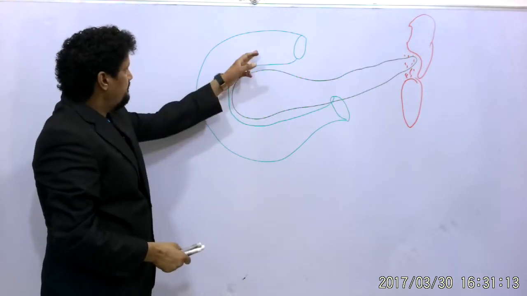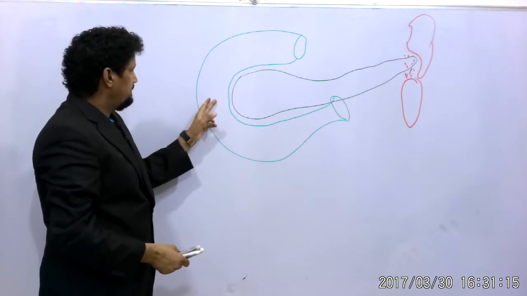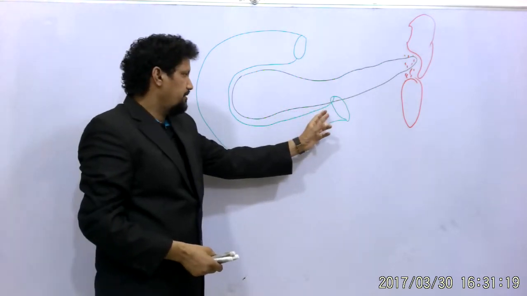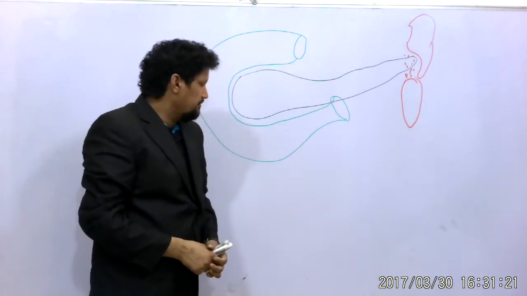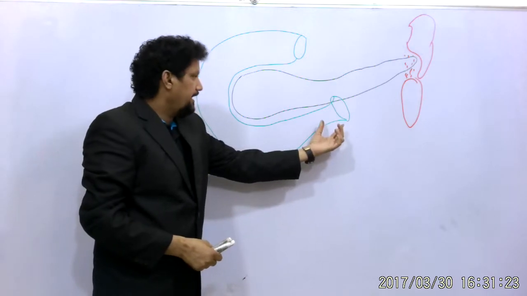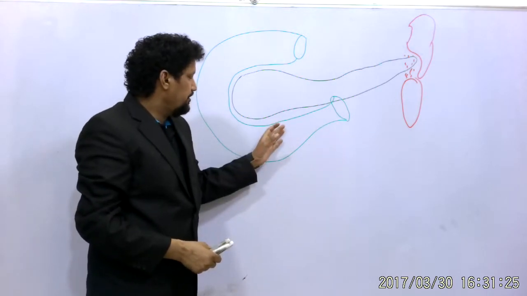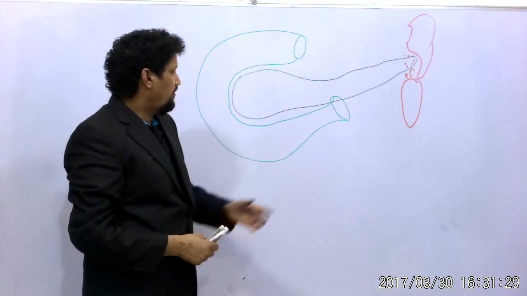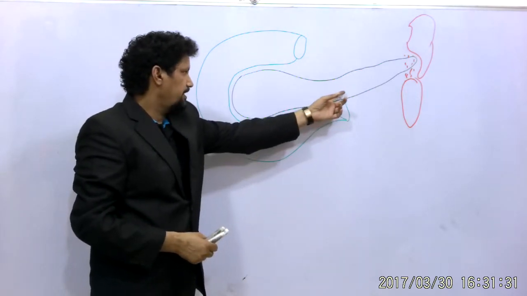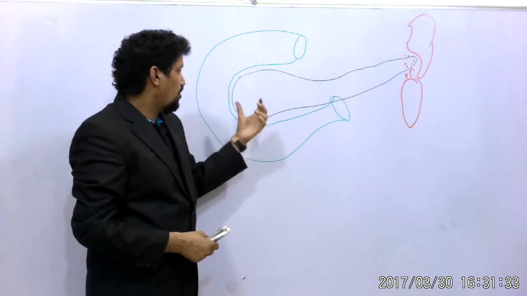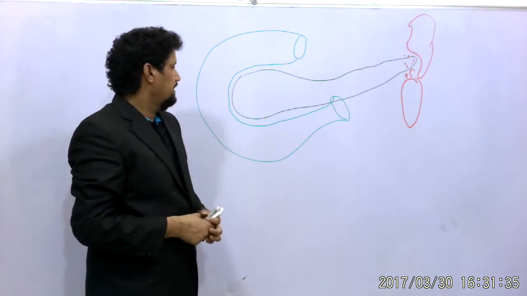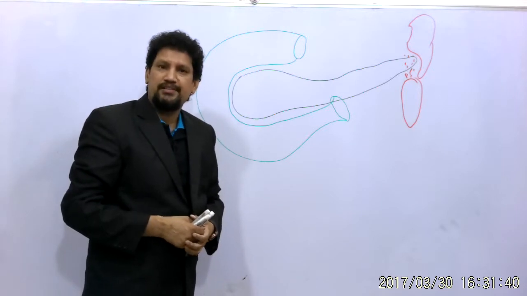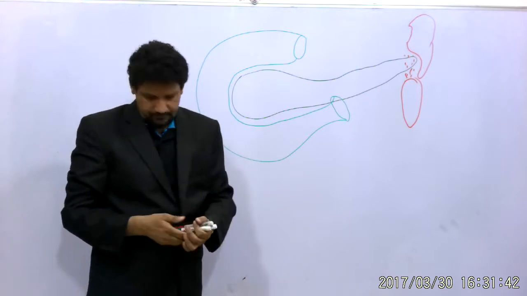So, this is the first part, the second part, the third part and the fourth part of the duodenum, ending in the duodenojejunal flexure at the level of the L2 vertebra, and the confluence of the portal vein is also at the level of the lumbar second vertebra.